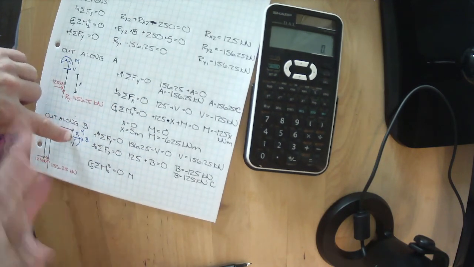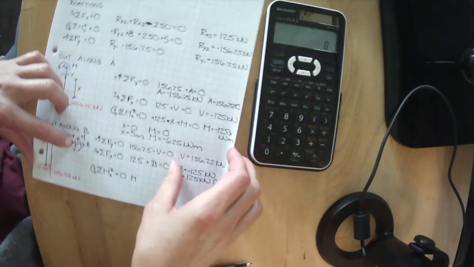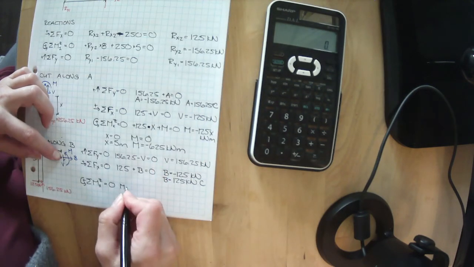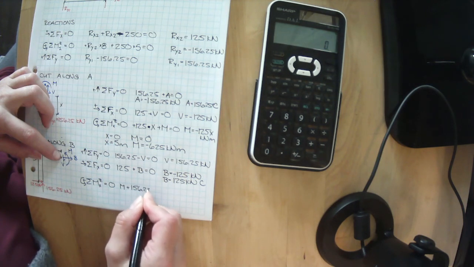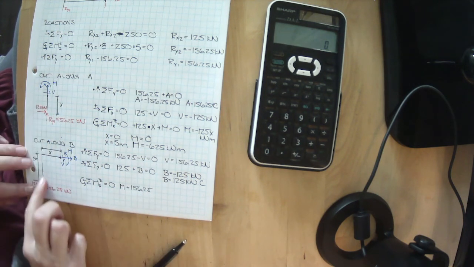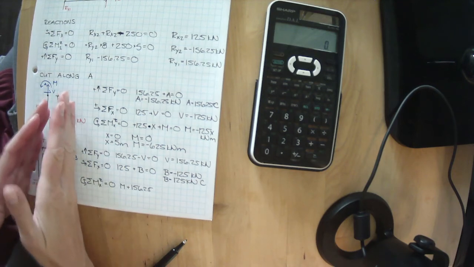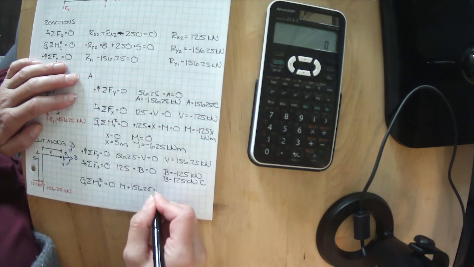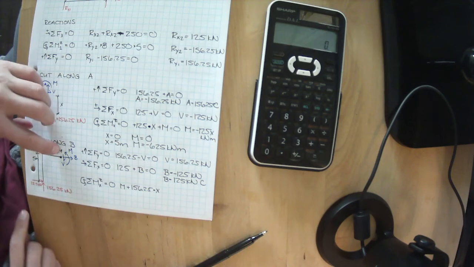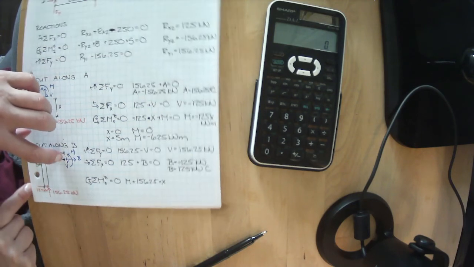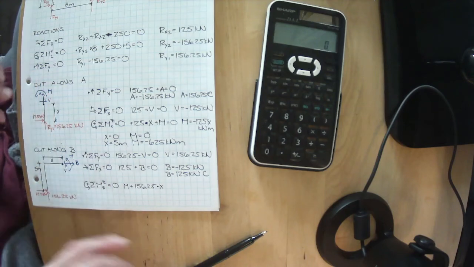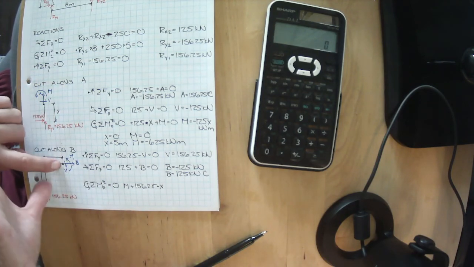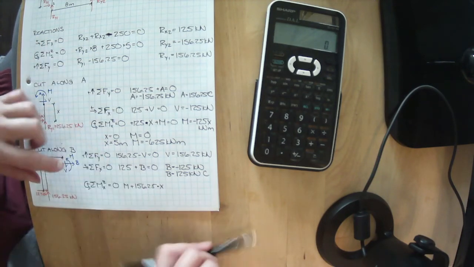156.25 is trying to spin it in that direction, which is positive. So plus 156.25, and it passes x distance away. So times x. And 125 kilonewtons tries to spin it in that direction. Oh, sorry. My 156.25 is actually negative.